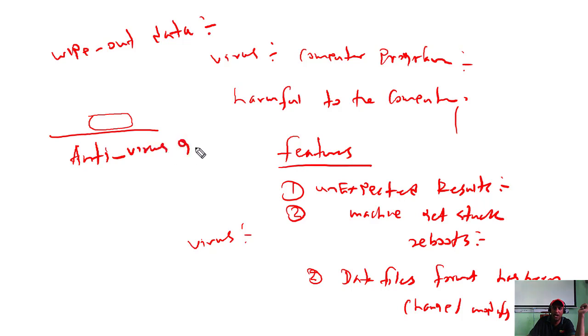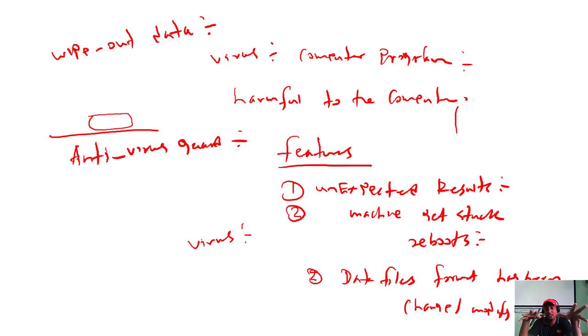So an antivirus guard is also a kind of computer program that stops and quarantines the viruses in your computer. Quarantine means there are some antivirus guards that can capture the viruses, but they can't totally eliminate or delete them.